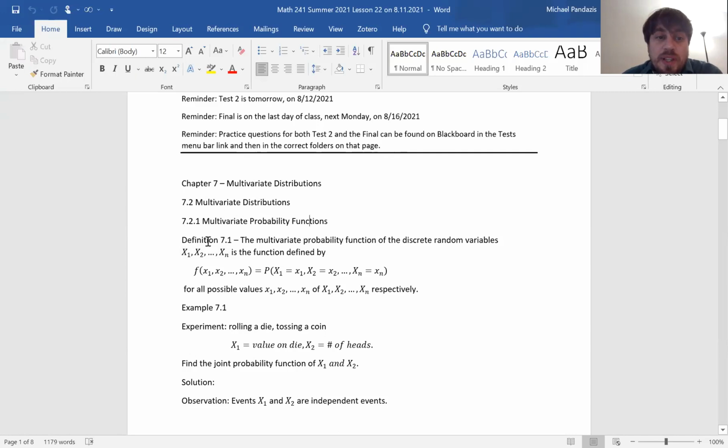Okay, so let's look at the first definition, 7.1. The multivariate probability function of the discrete random variables X1 to Xn is the function defined by this.